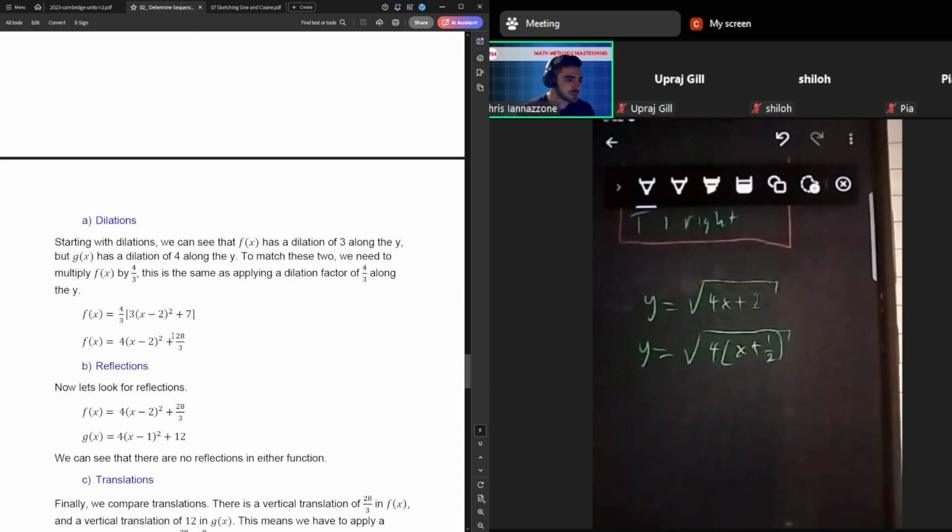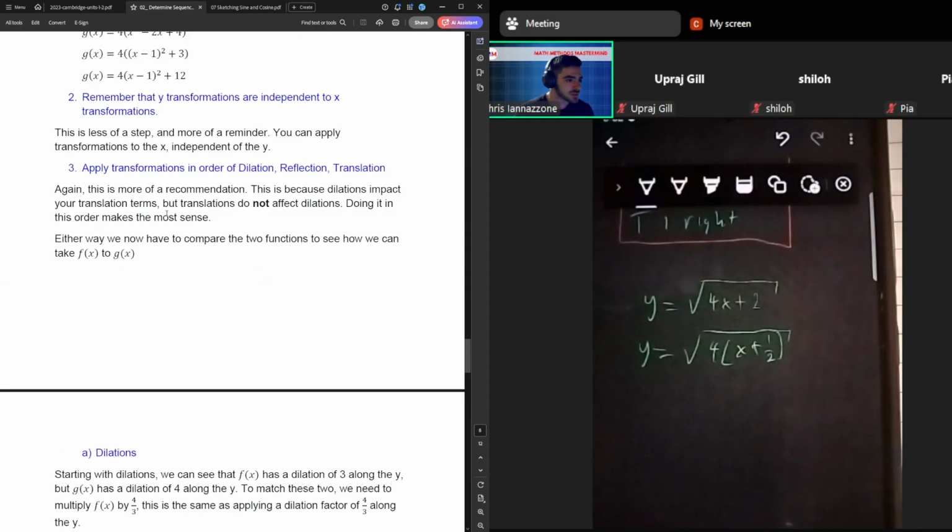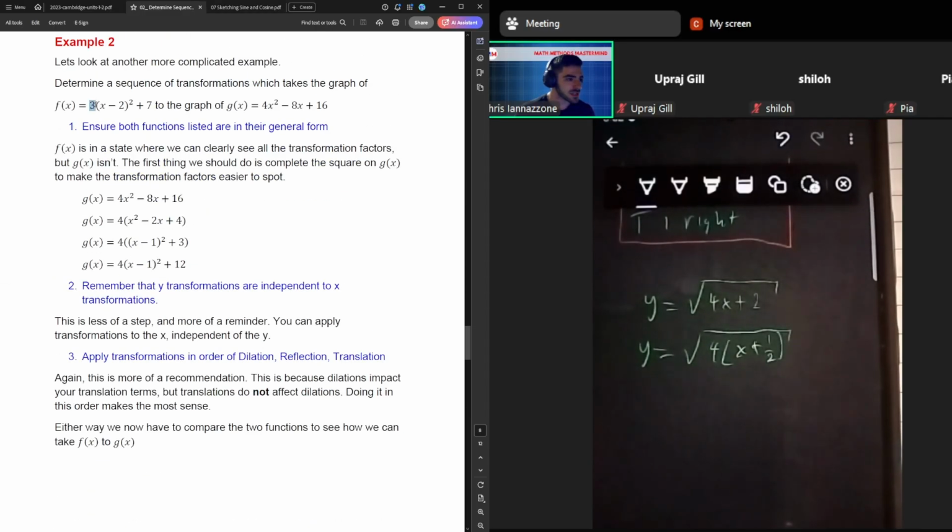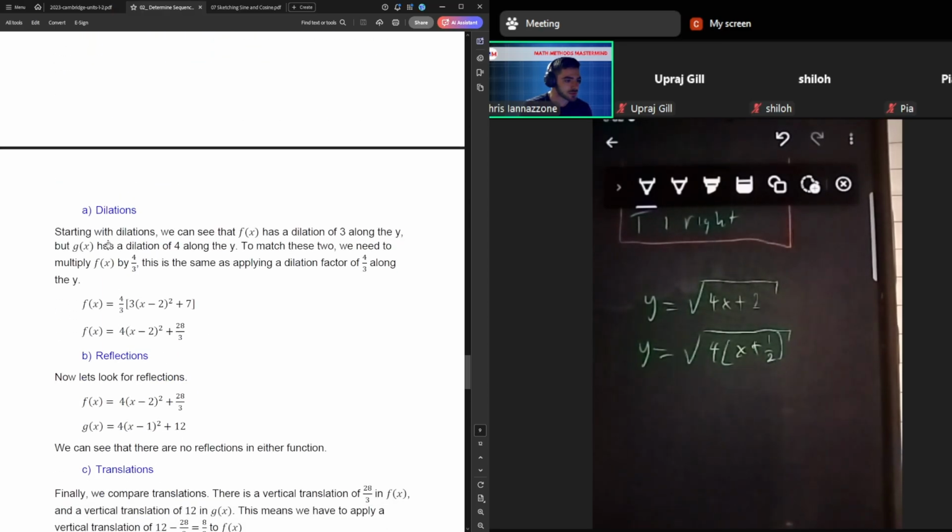So if we want to go from f to g, starting with dilations, we can see f has a dilate by 3 from the x, and g has a dilate by 4 from the x. So we need to figure out what I need to multiply f by to make it look like g. Well, that's going to be multiplying by 4 over 3.